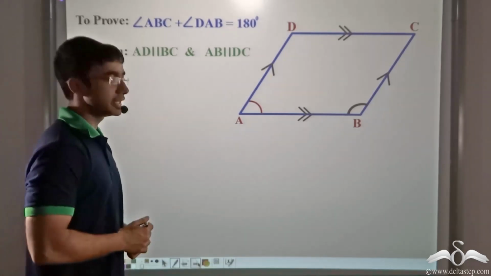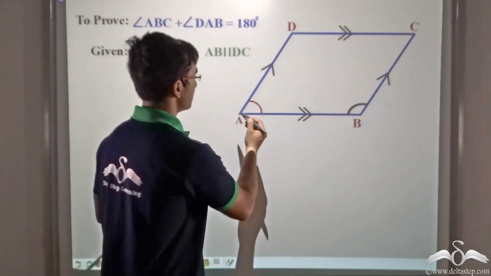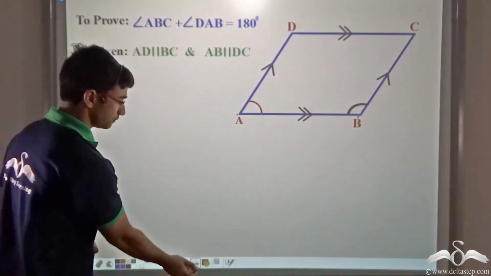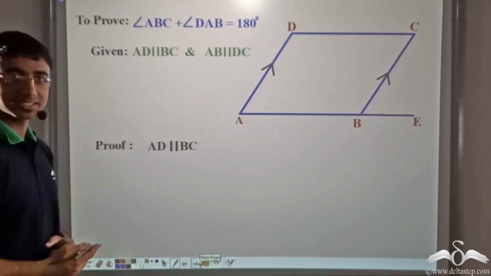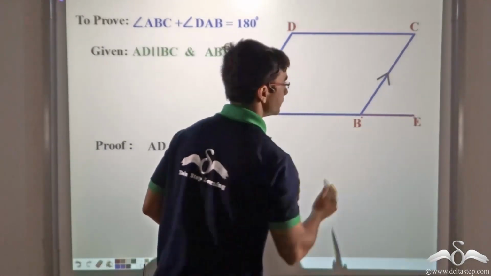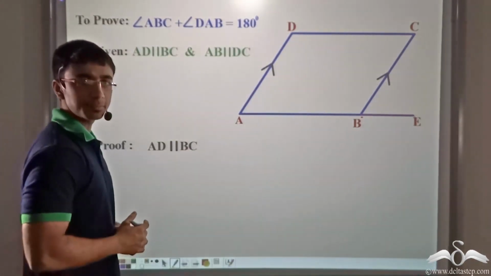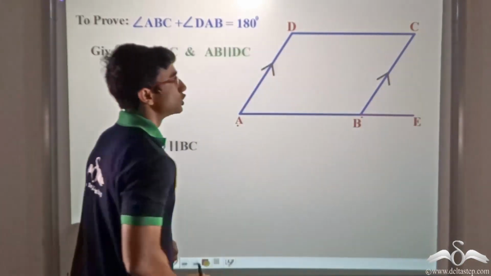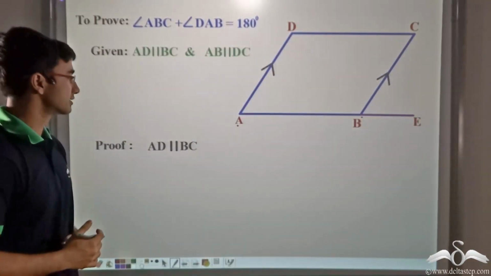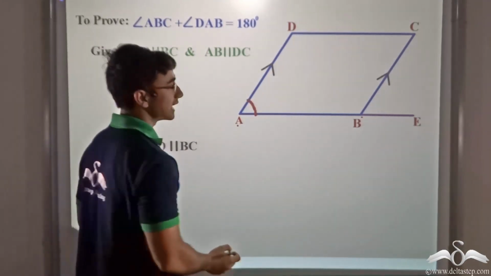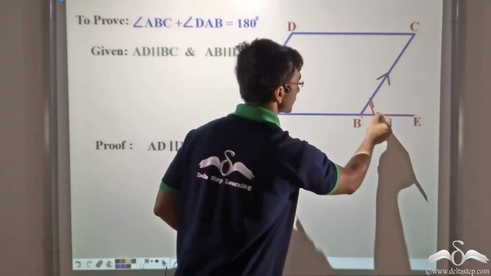Now in the beginning, what we do is we consider parallel sides AD and BC. So we consider these two sides and we extend line AB to E. Now if you look closely, you will find that AD is parallel to BC. So I mark out two angles now, angle DAB and angle CBE.